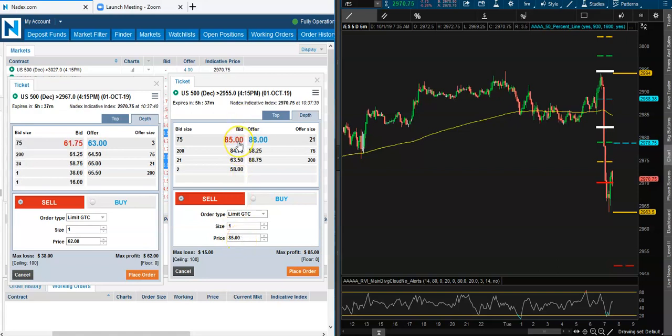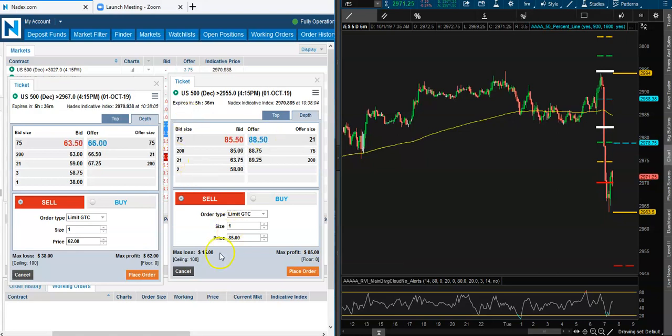So there's an 85% chance we don't hit 2955, but there's a 15% chance that we do hit 2955. With that, look at your loss versus your profit. 15 to 85.